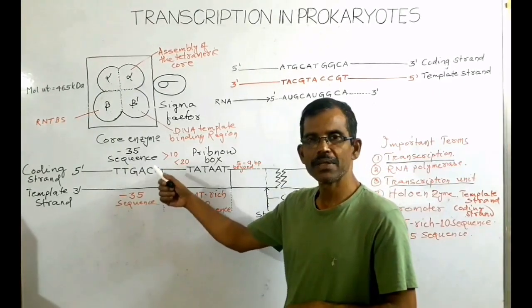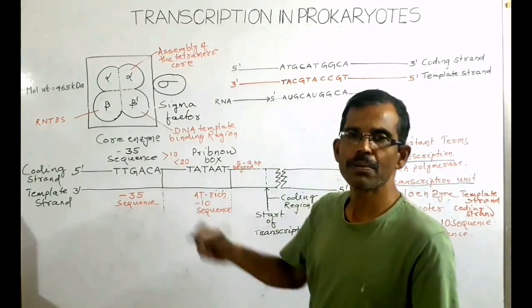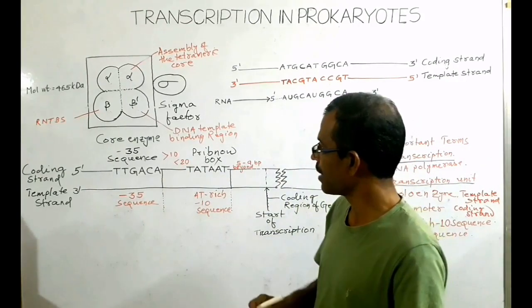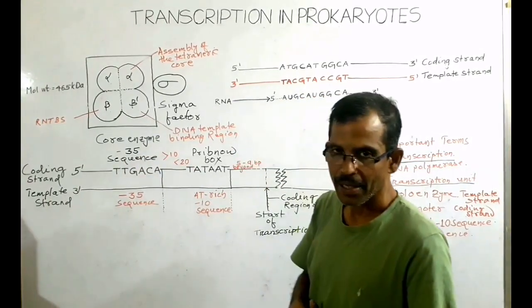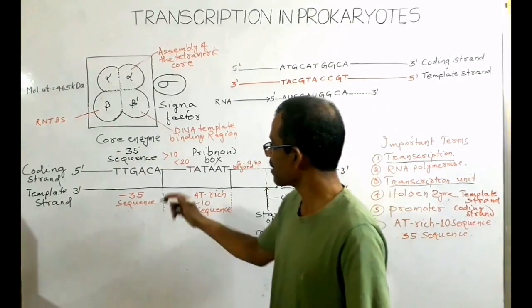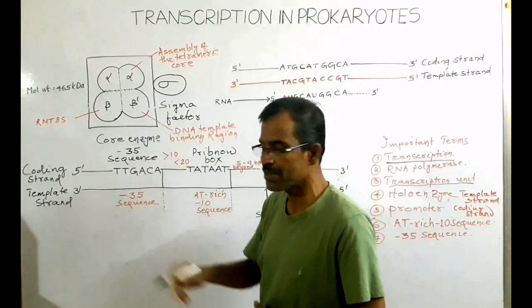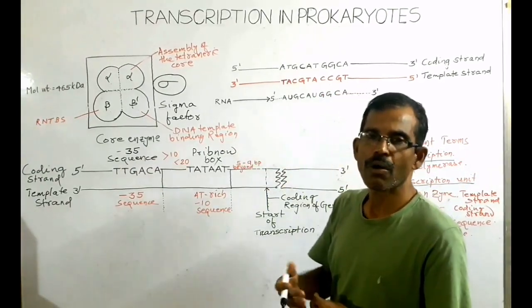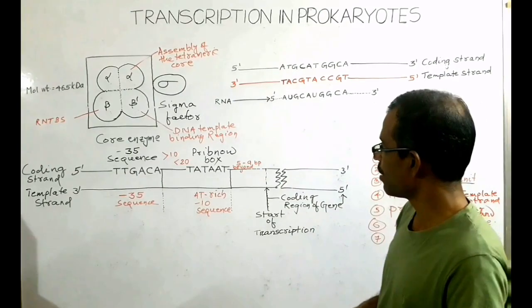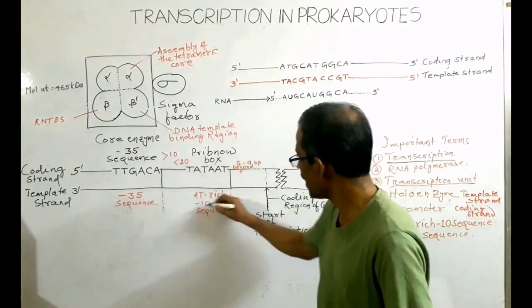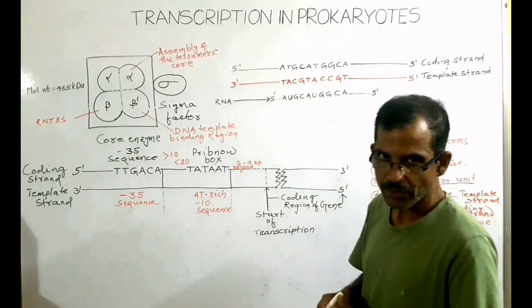The enzyme DNA-dependent RNA polymerase first binds with this -35 sequence. After binding at this -35 sequence, localized unwinding occurs at this AT rich sequence.